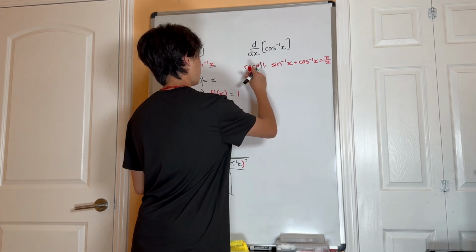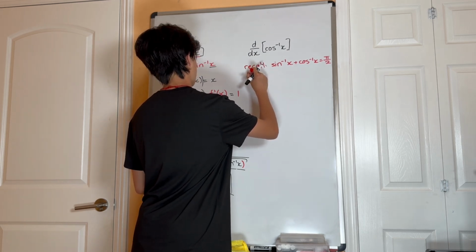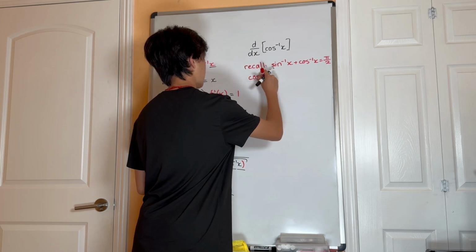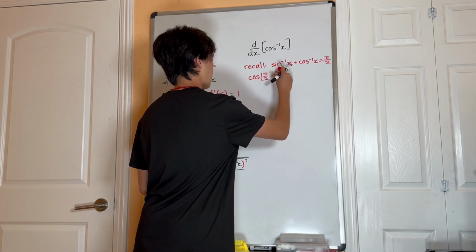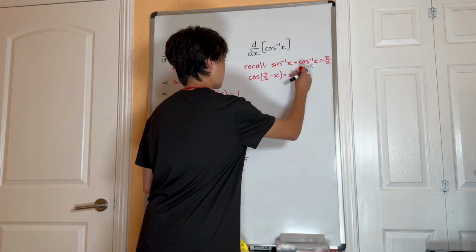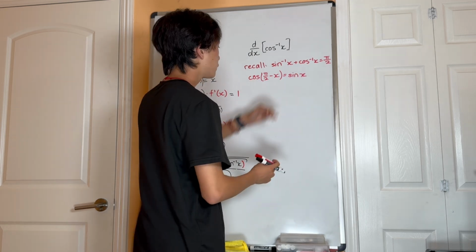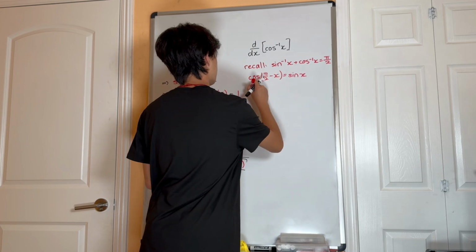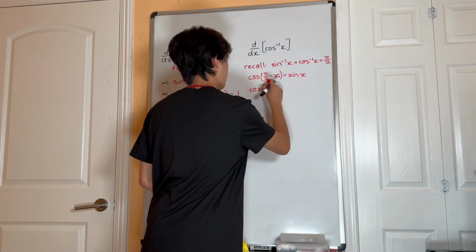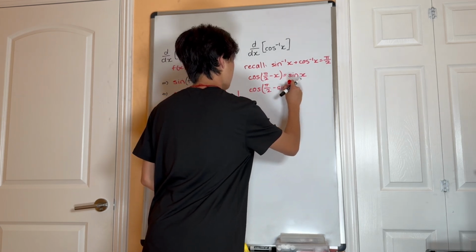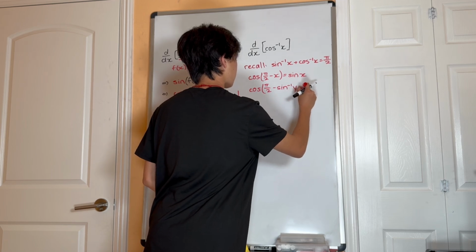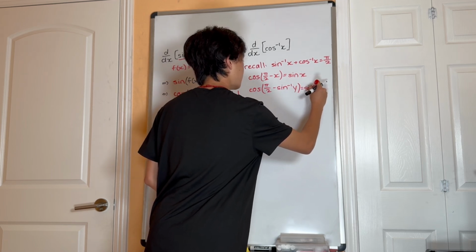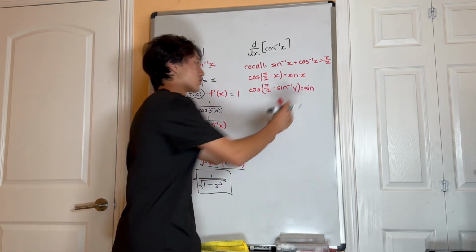If you remember, we had cosine of pi over 2 minus x being equal to sine x. If we replaced x with inverse sine of y, then on the left-hand side this would become cosine of pi over 2 minus inverse sine of y. On the right-hand side you would have sine, but remember, we replaced this x with inverse sine of y.